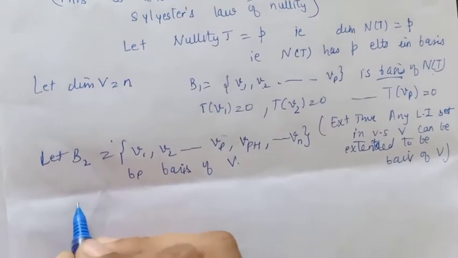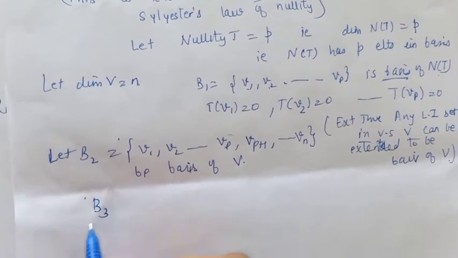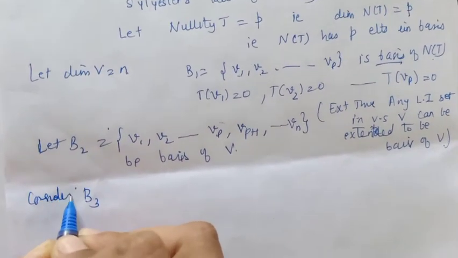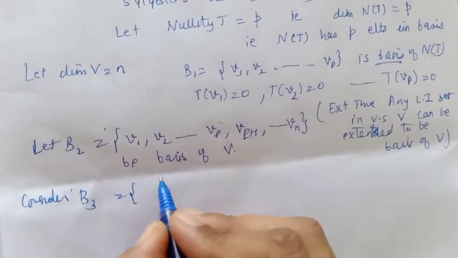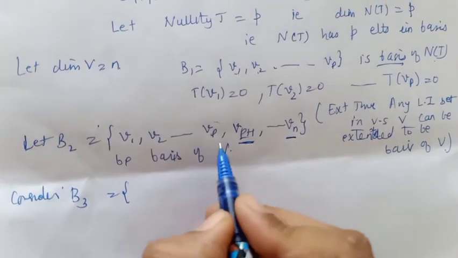Now what we will do? We will form another set, let us say B3. This set will be the images of the remaining elements that we have added.